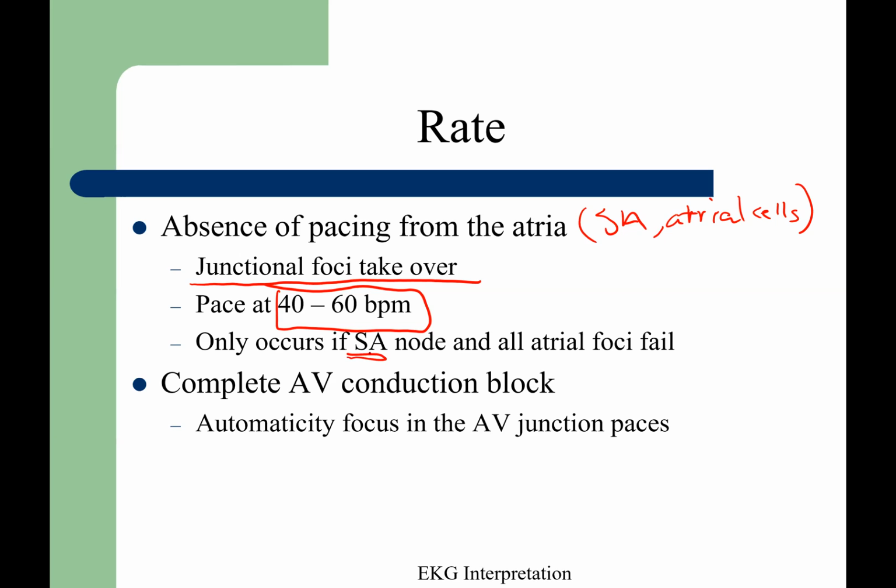This only occurs if the SA node and all atrial cells fail. We have another term for this. It's also called a complete AV block conduction, which we'll talk about later in chapter 6, I believe.